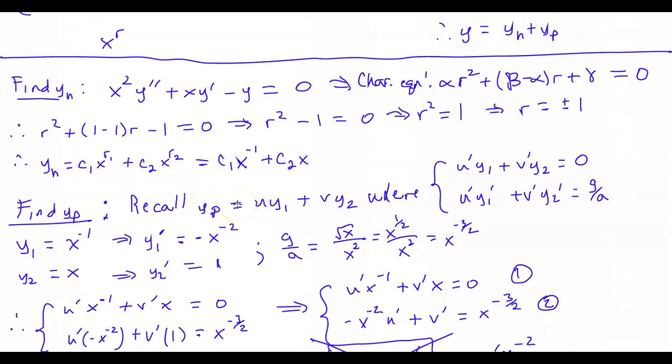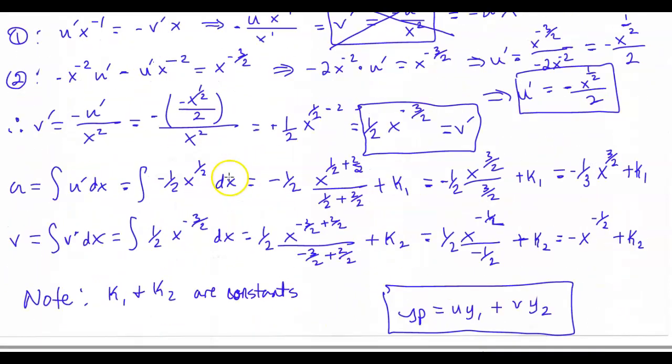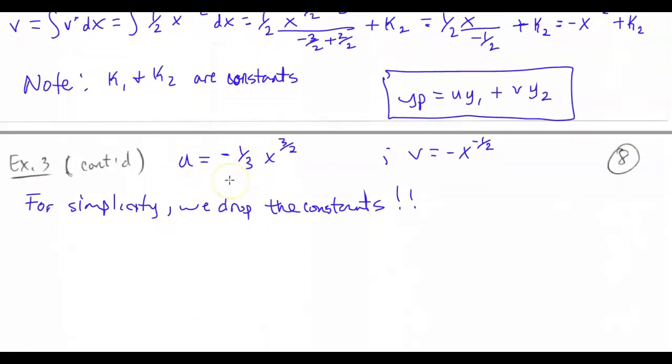So there's no need for me to write those integration constants out, because I'm just going to get redundancy basically. All right. So for simplicity, we drop the constants on these two functions. So that's why I just have u being negative 1/3 x raised to 3/2. V is negative x raised to the negative 1/2.